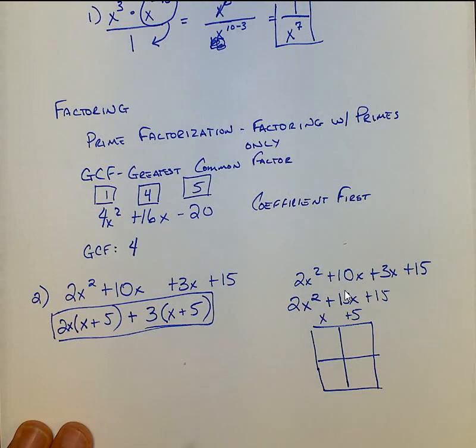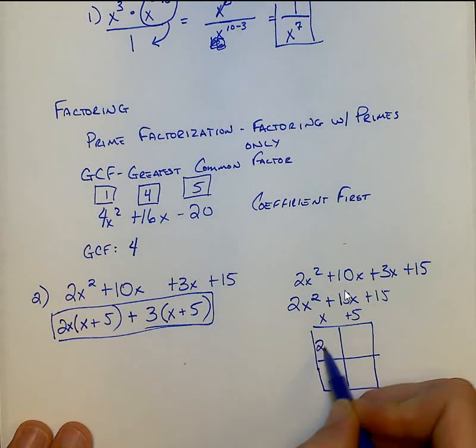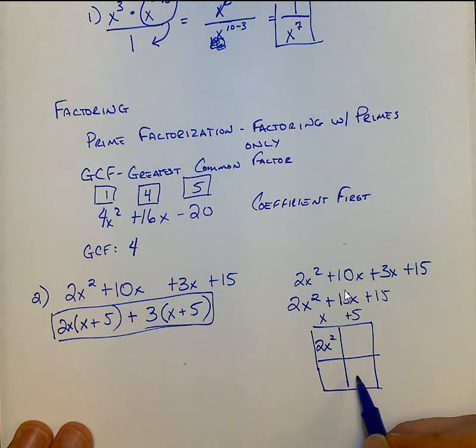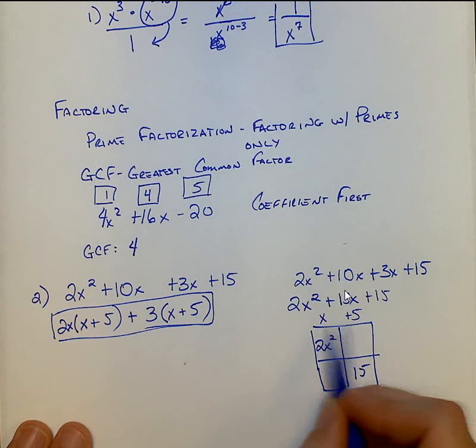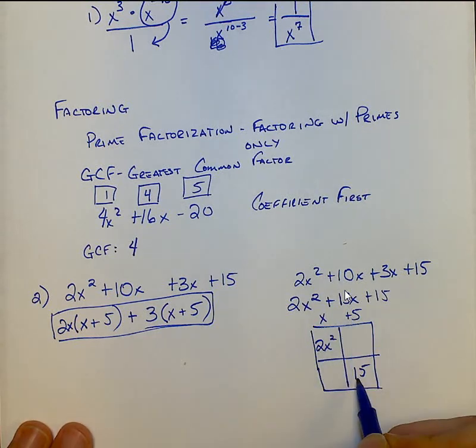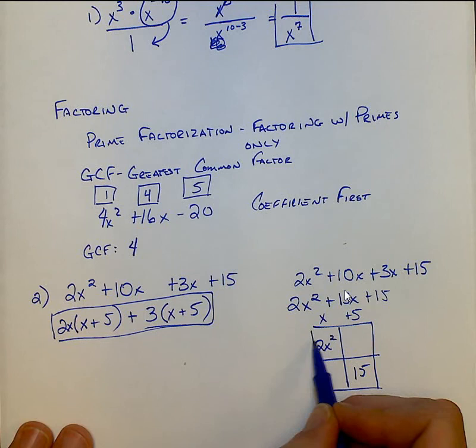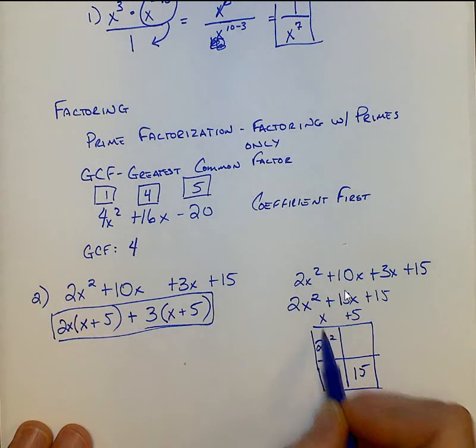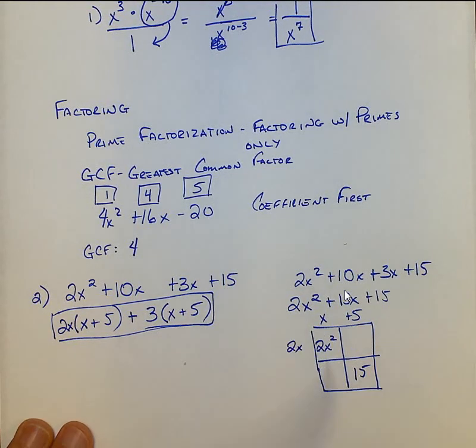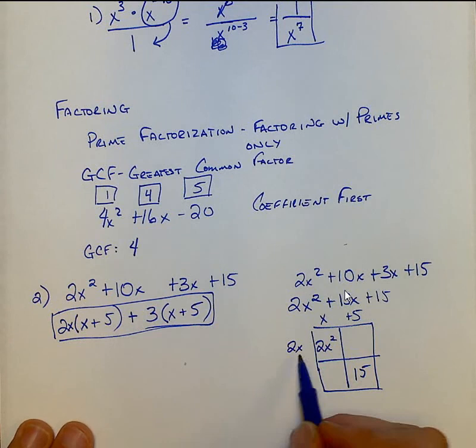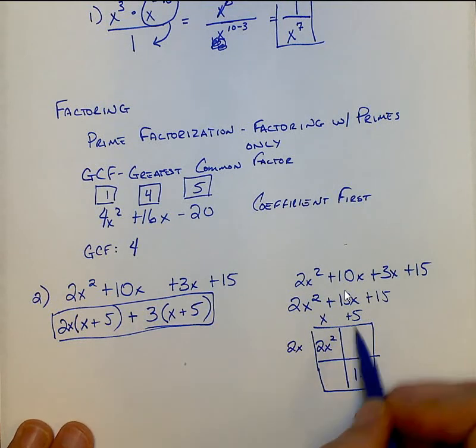And I need to end up with a 2x squared here, and I need to end up with a 15 here. So if I know what I'm going to end up pulling out, and I have this product and this product, I can figure out what factor I need to multiply them by. To get from x to 2x squared, I need to multiply it by 2x. And 2x times 5 would be 10x.